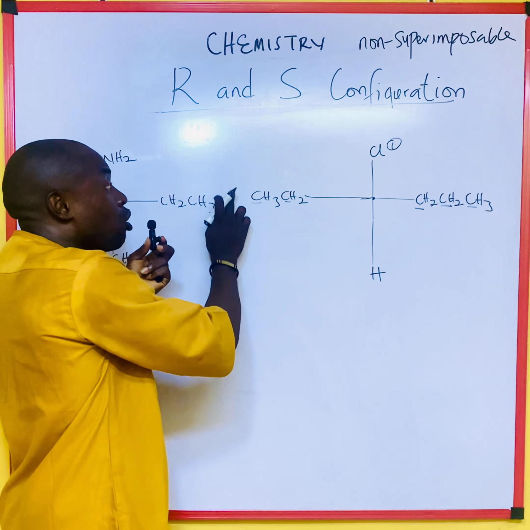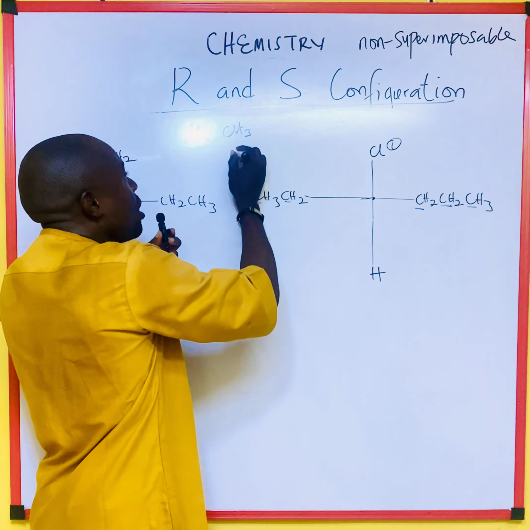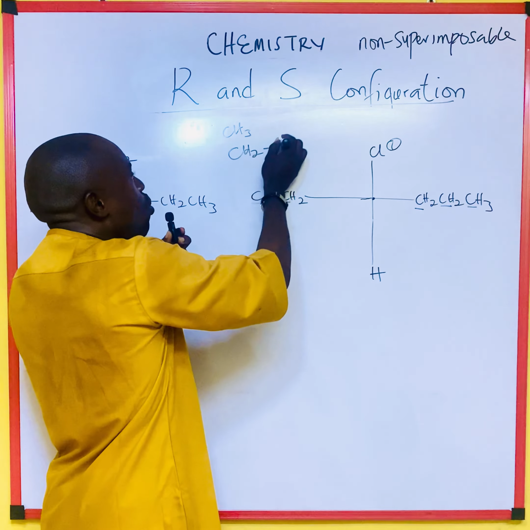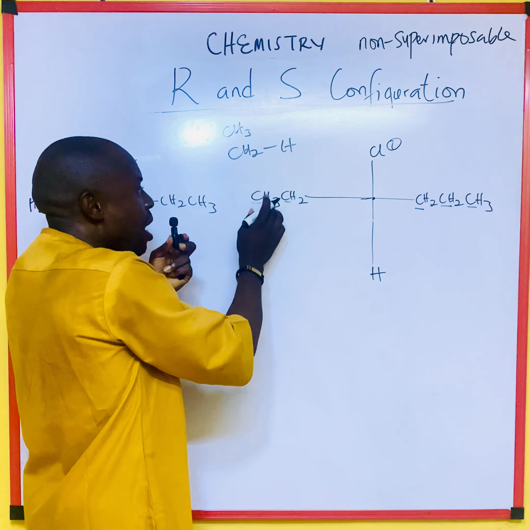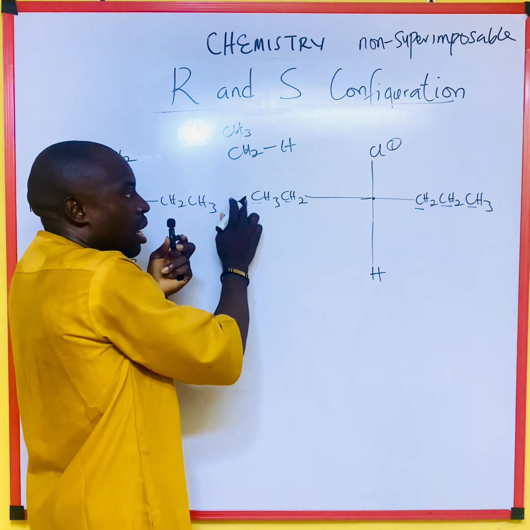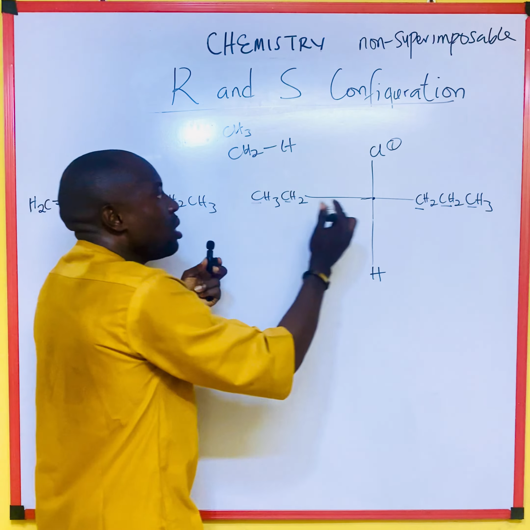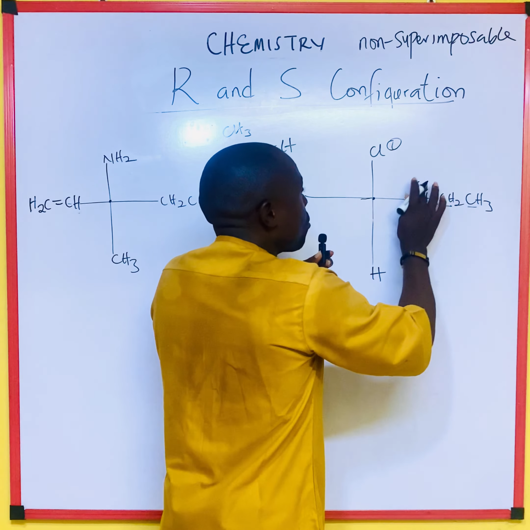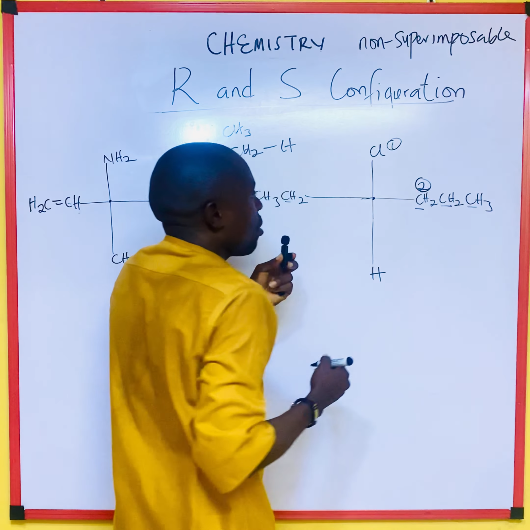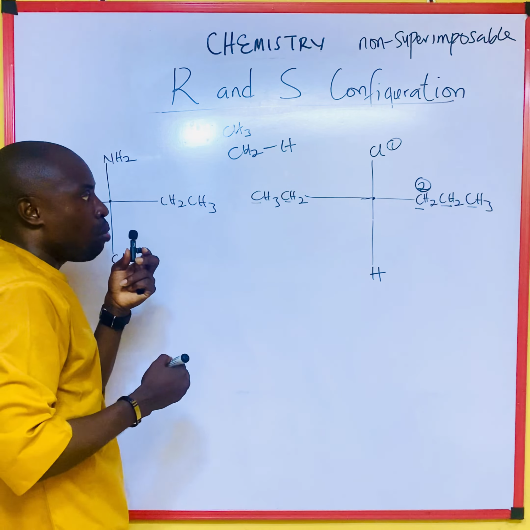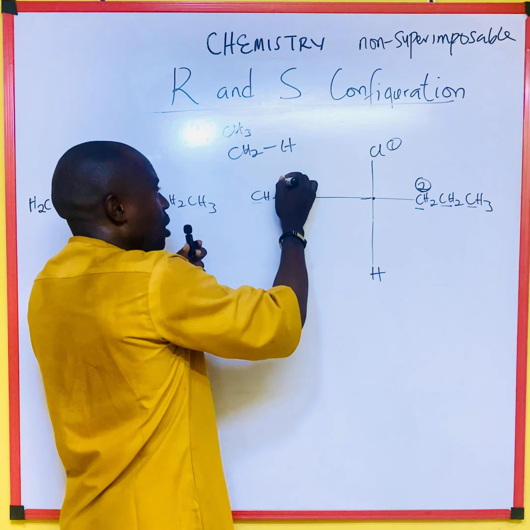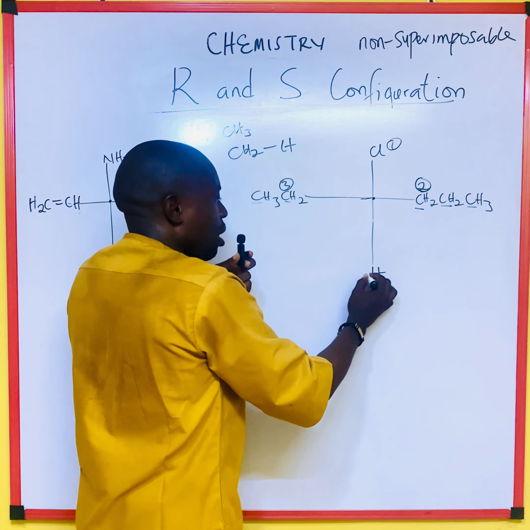And they ought to be hydrogen, because normally CH3 is the same as saying CH2 and H. So if here is CH2 and here is hydrogen, so CH2 carbon to hydrogen here, so here takes the higher priority, here takes number 2 position, here takes number 3 position, here takes number 4 position.